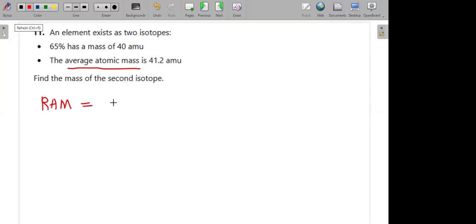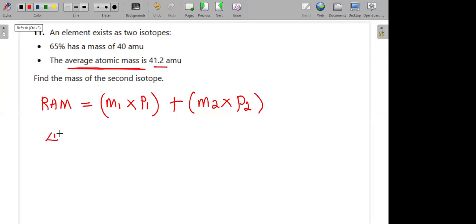So RAM equals mass of the first isotope multiplied by its percent abundance, plus mass of the second isotope multiplied by its percent abundance. Now we've been told the average atomic mass, meaning the RAM, so I'll write here 41.2 equals the mass of the first isotope, which we've been told is 40.